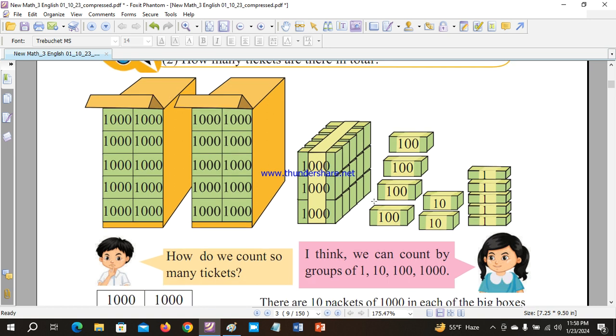Let's see what Raju says. How do we count so many tickets? And here Tuli says, I think we can count by groups of 1, 10, 100 and thousands.